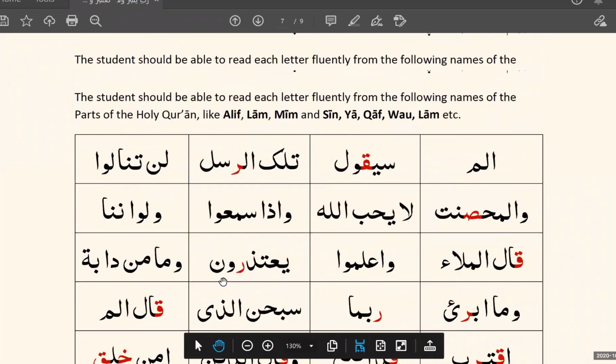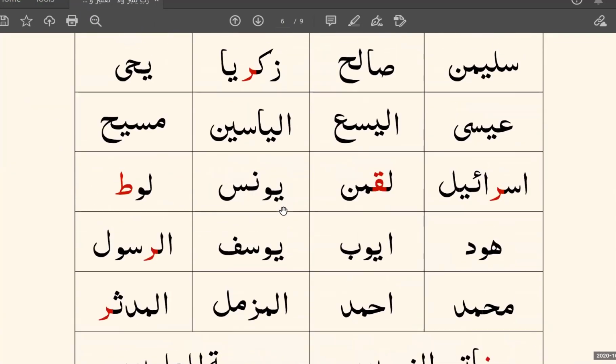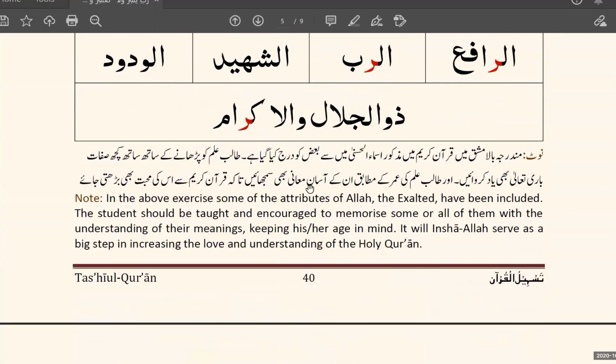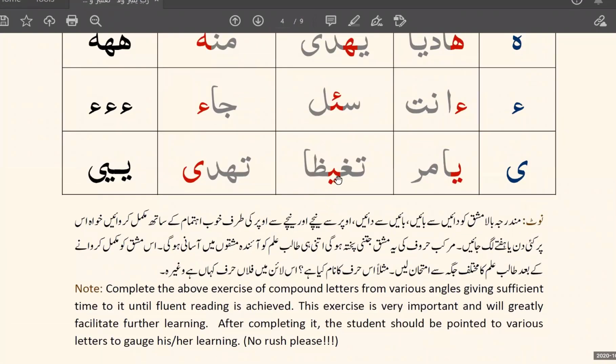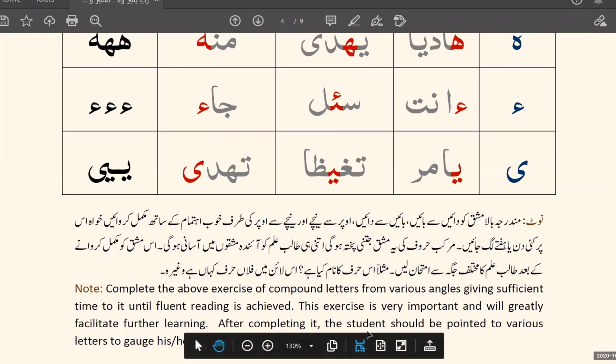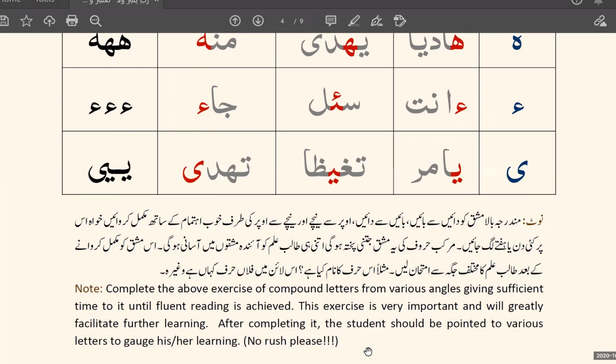Like for example, if it comes here, you can try in the beginning, let's see, like this one. Now if it is dal, the tongue remains a little down and the gap between the ceiling of the mouth and the top of the tongue becomes bigger. Dal is soft, but for dha, you make sure the gap between the top of your tongue and the ceiling of your mouth becomes little.